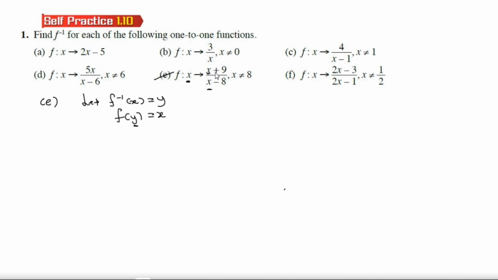So we write here y plus 9 over y minus 8 equals x. And now our focus is to form an equation with y as the subject. Make y the subject. So how? First, we times both sides by y minus 8.